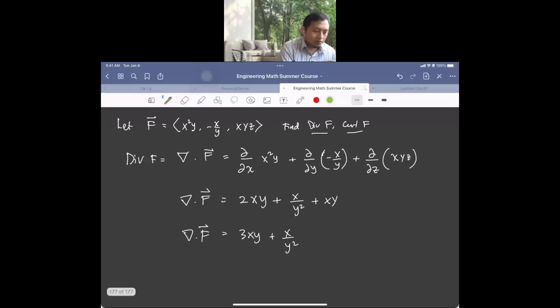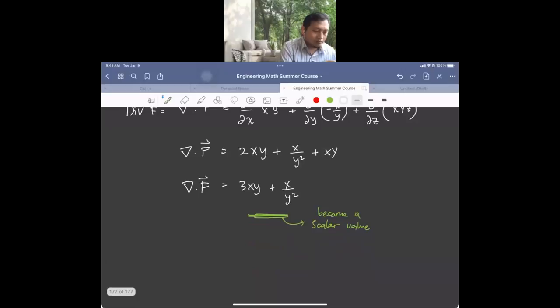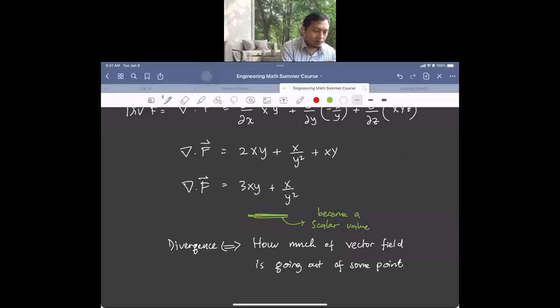Now, what does this divergence represent? It becomes a scalar value, which means the divergence is basically telling you how much of the vector field is going out of some point.